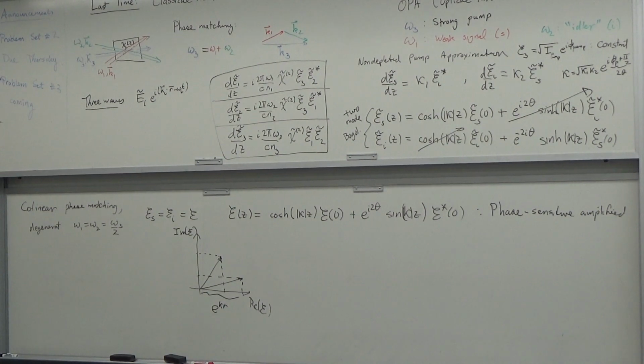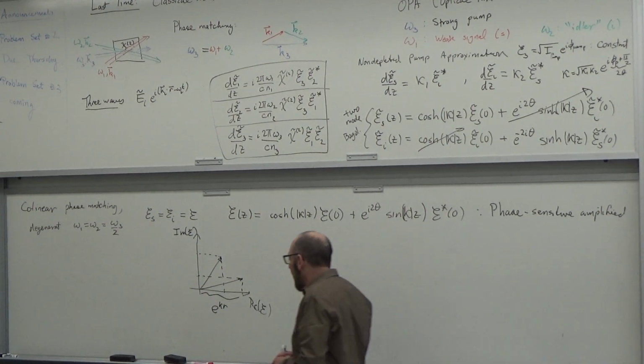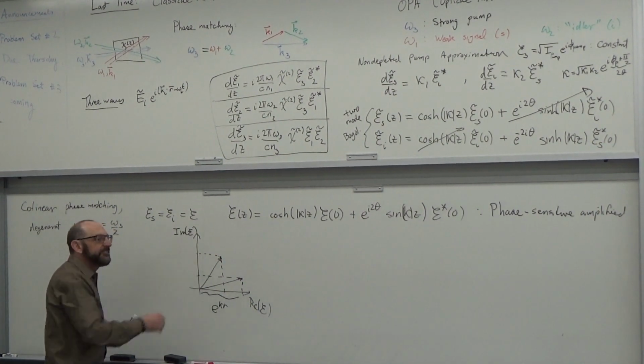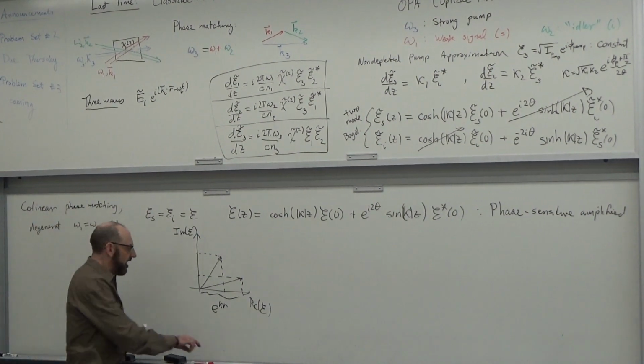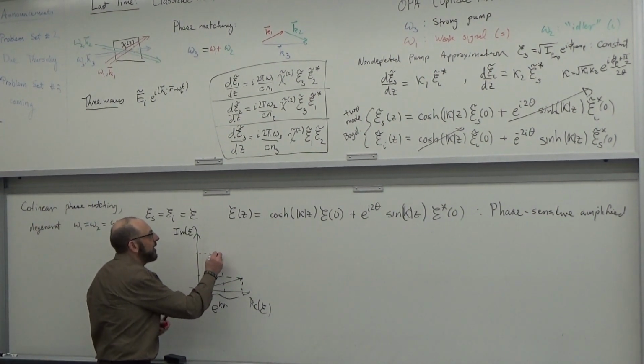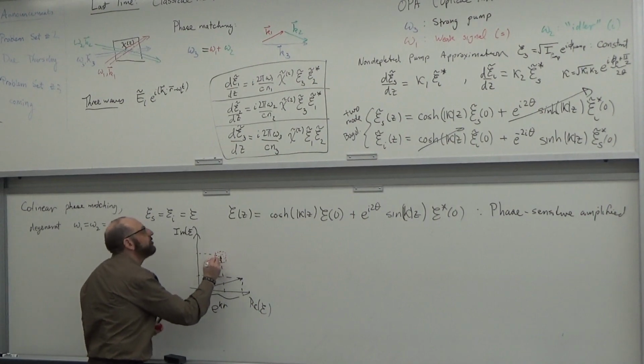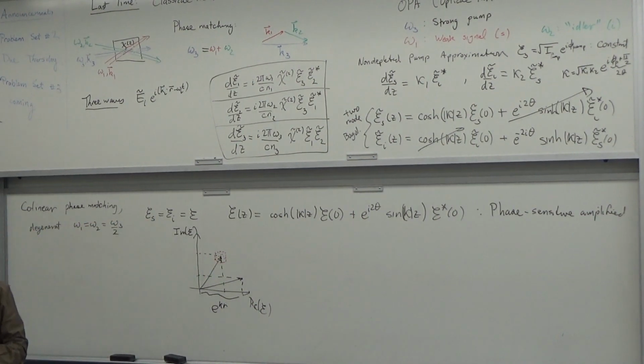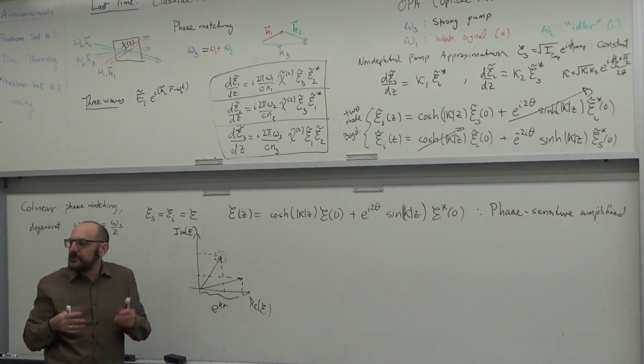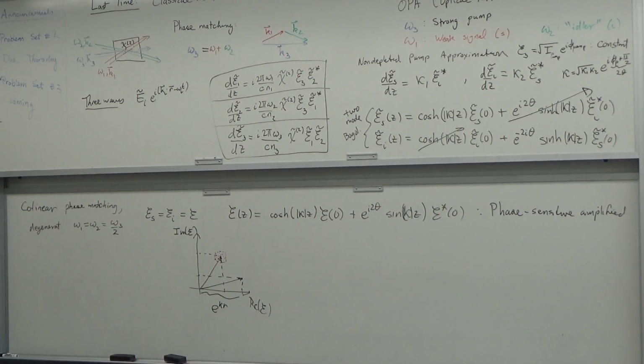Now suppose I had some statistical distribution. Let's just say classically, I don't know where that phasor is. There's some distribution of possible initial phases, just a random variable, classically statistical.